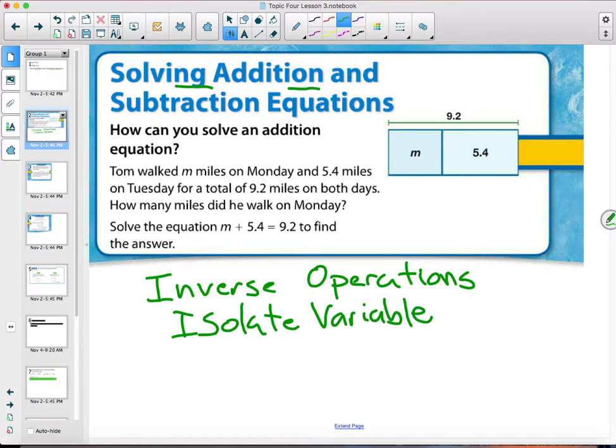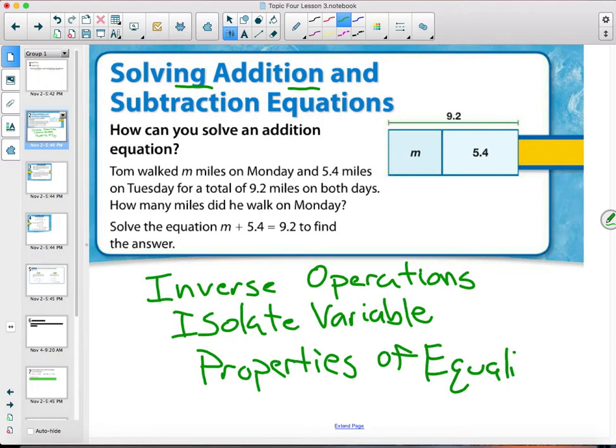That's how you solve the equation. And you want to use the properties of, what do we call it? The properties of equality. That's what we're using here.